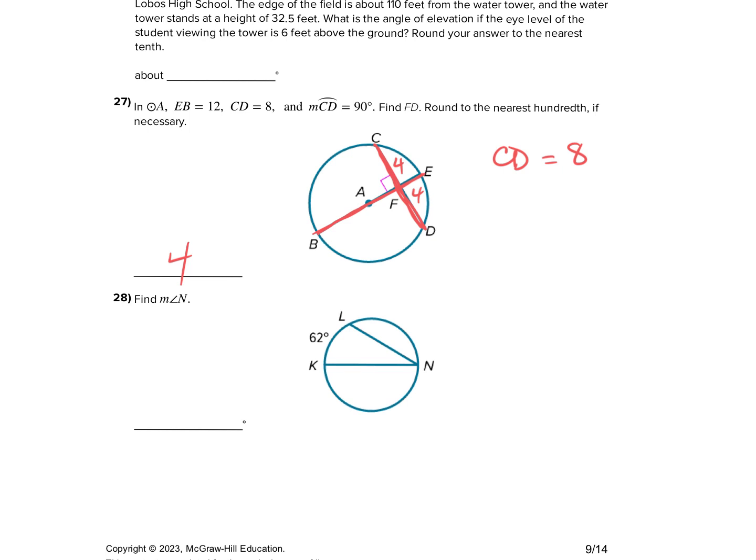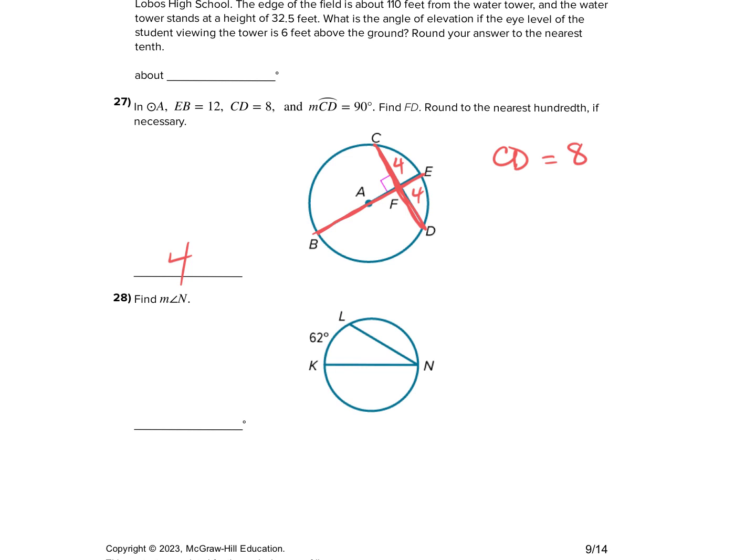Very similar to the triangles, the perpendicular bisector of a triangle cuts the base in half. Same principle. But instead of cutting the base, because a circle doesn't have a base, it cuts the chord CD in half. So each smaller piece is 4.